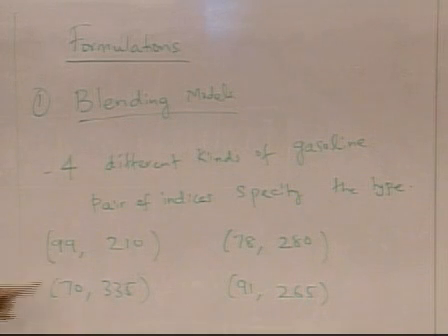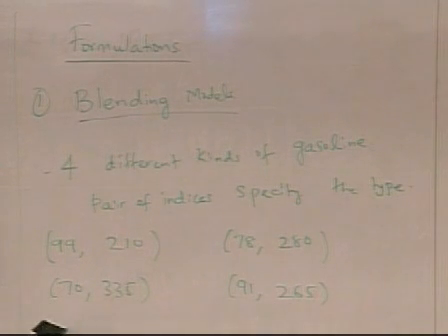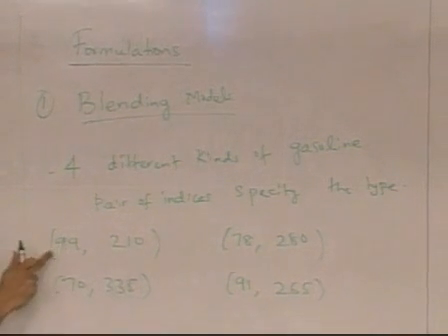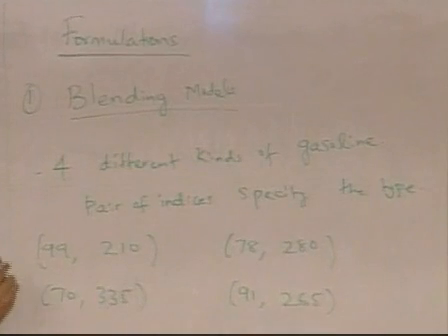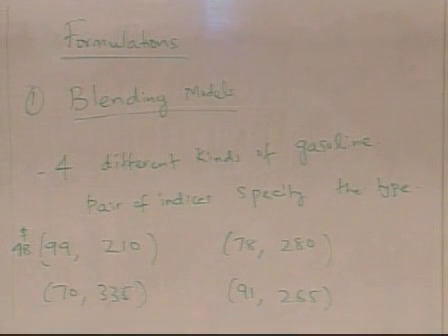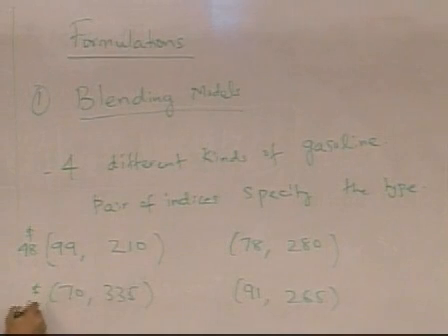The point is that you can use these to manufacture other kinds. So let's say that the cost of a barrel of this type of gasoline is $48. Similarly, the cost of this is 43.